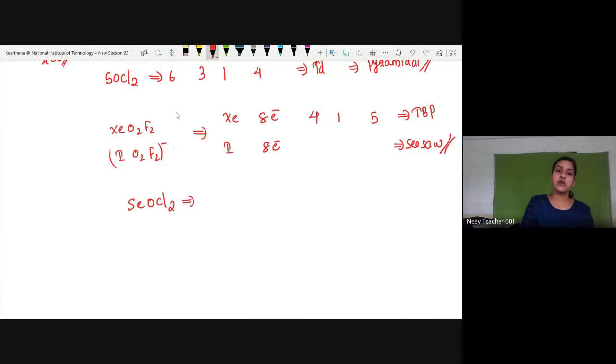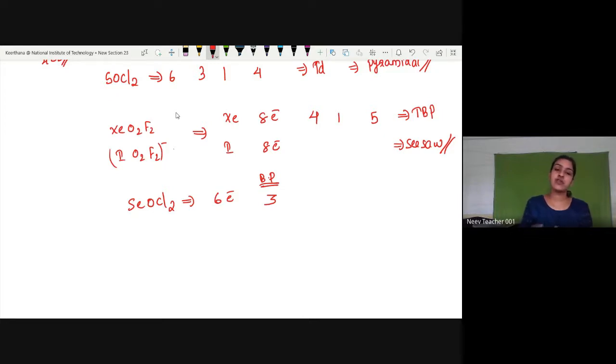SeOCl2. Those who have doubt, just ask now, okay? So valence electrons, 6 electrons are there. Number of bond pairs, it is 3. For the formation of 3 bonds, it's taking 4 electrons, which means 2 single sigma bonds with 2 chlorine atoms. The 2 electrons are used from the central atom.